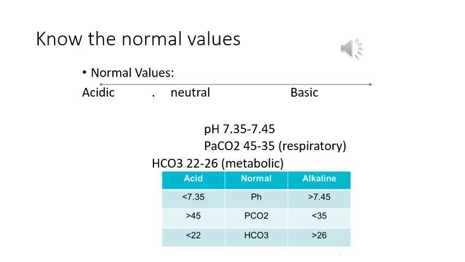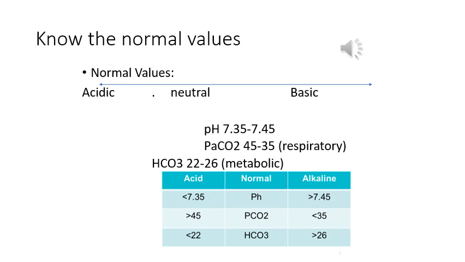You can see that the numbers are intentionally inverted for the purpose of this slide, because everything on the right is basic. So if you have a PaCO2, anything that's less than 35 is basic, and anything greater than 45 is acidic for your PaCO2.